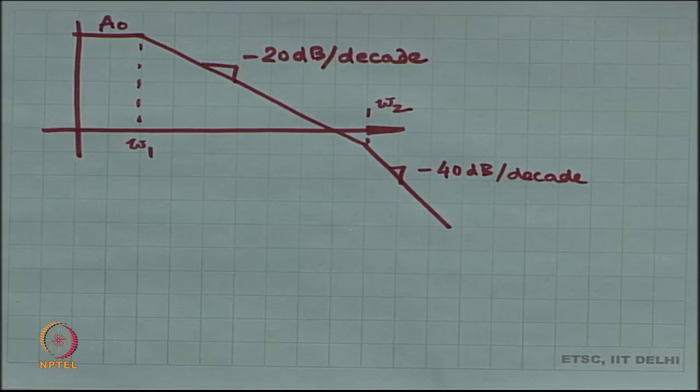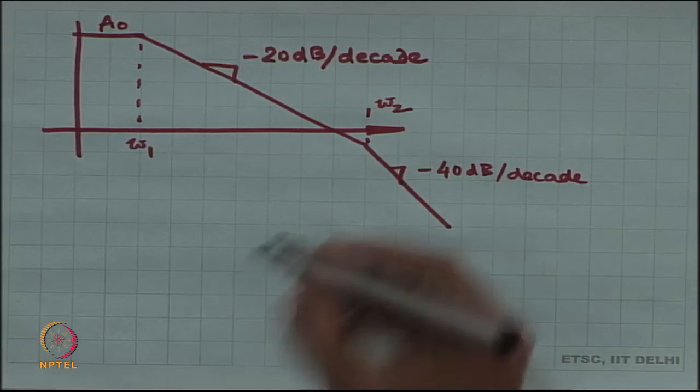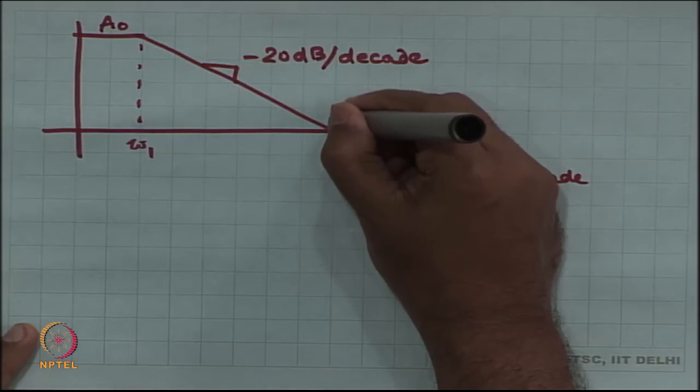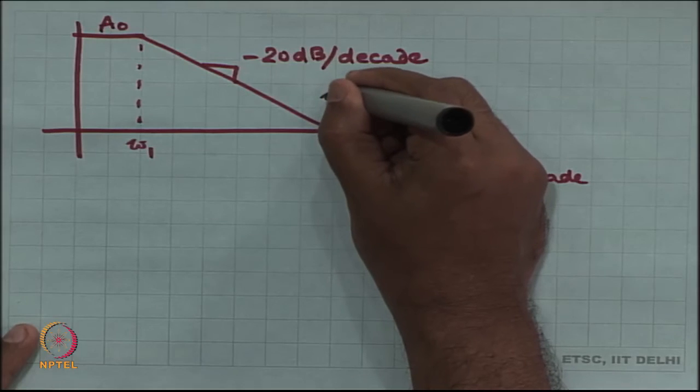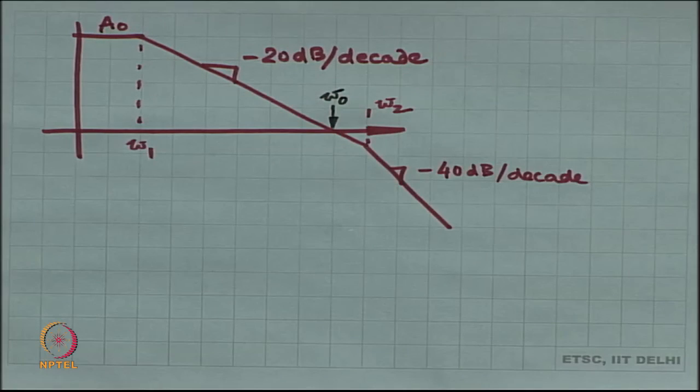And for a given phase margin, we also had a relationship between the 2 poles, right. We had omega 2 by omega 1 equal to so much. We also had a second, simpler relationship between omega 2, omega 1 and omega naught.